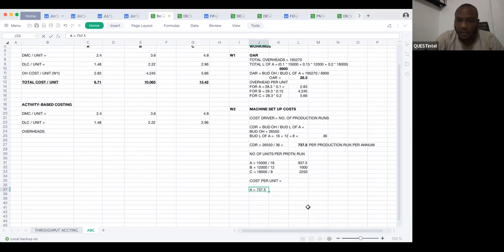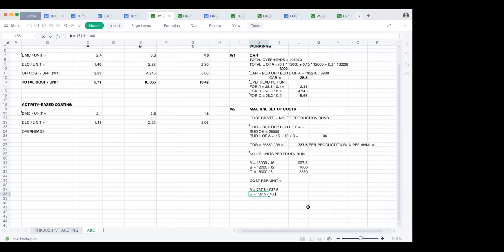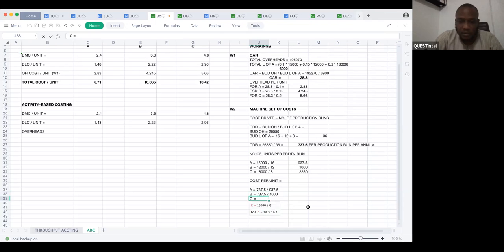737.5. And there are faster ways of doing this. Divided by 937.5. Then for B, that same 737.5 divided by 1000. And then for C, 737.5 divided by 2250.